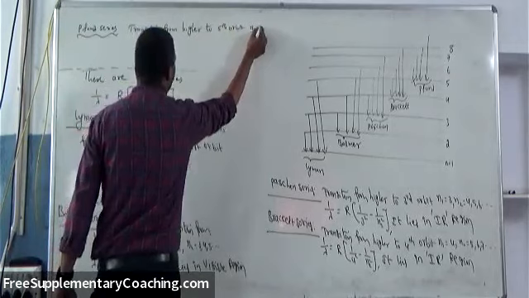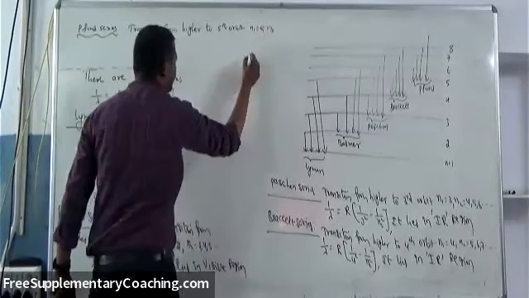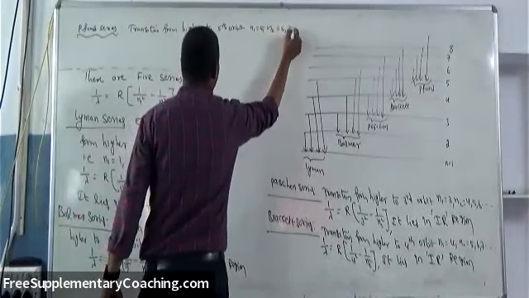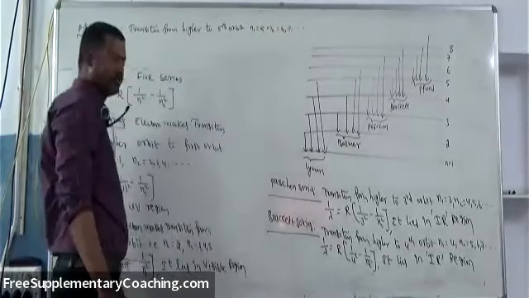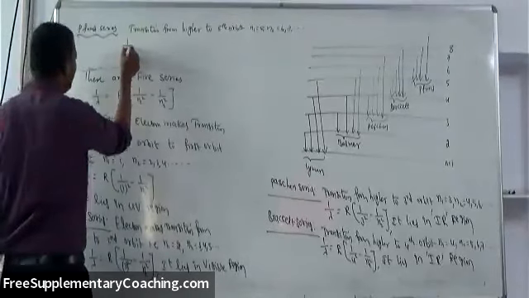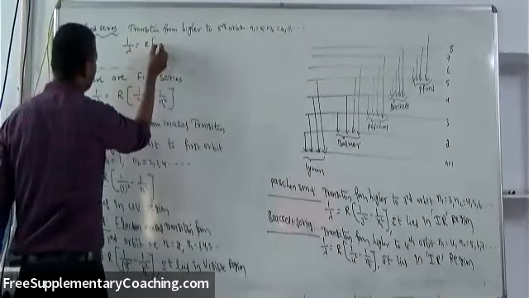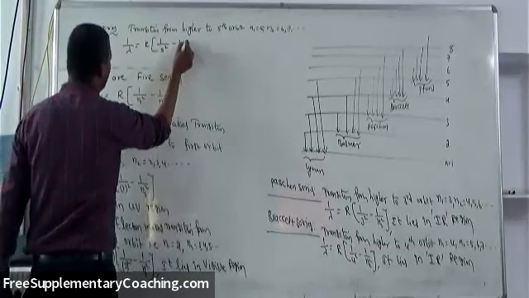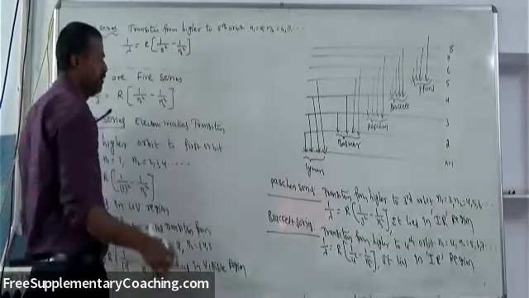That is N1 is 5, N2 is 6, 7, so on. And 1 by lambda, the wavelength, is Rydberg constant times 1 by N1 square, that is 5 square, minus 1 by N2 square, that may be 6, 7, 8, 9, so on.